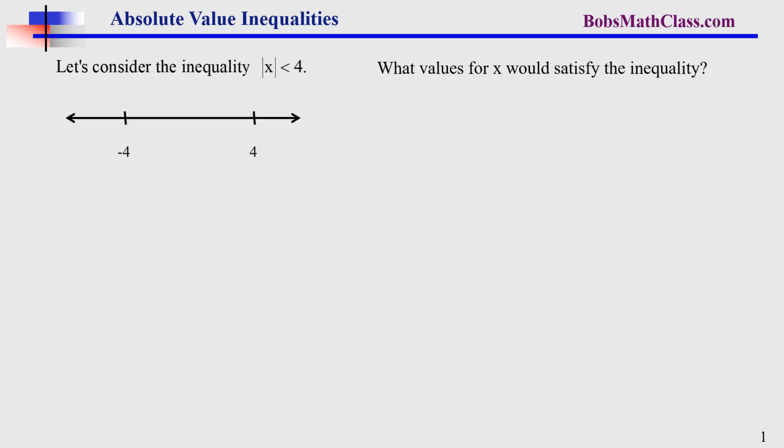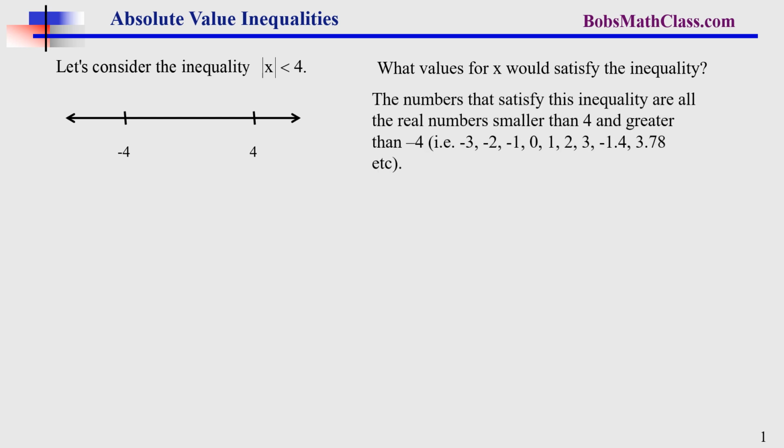So looking at a number line, where are the numbers that would satisfy this inequality? Yeah, it's the numbers between negative 4 and 4, right? Negative 3, negative 2, negative 1, negative 1.4, 3.78, etc. So all those numbers in the middle.